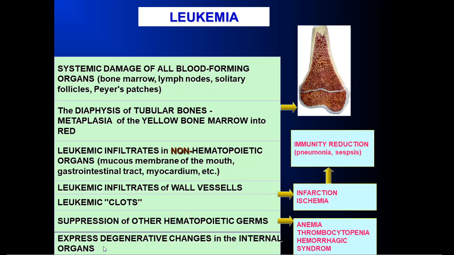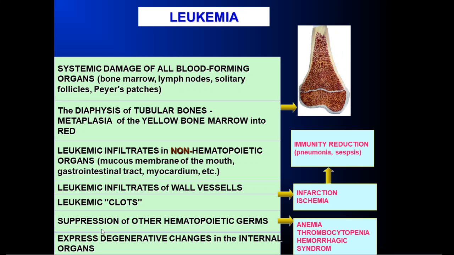So presence of leukemic infiltrates obviously influences the organ, and as you know, according to the classical scheme, we have pathological agent, then we have adaptative resources, and when these adaptative resources are exceeded, accumulation or degeneration or dystrophy starts. So that's why we have degenerative changes in the internal organs.